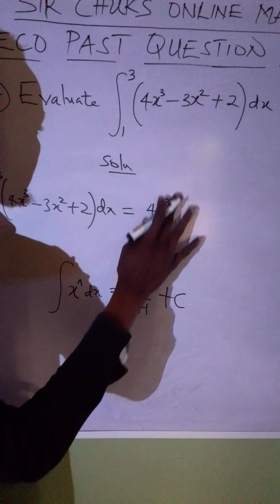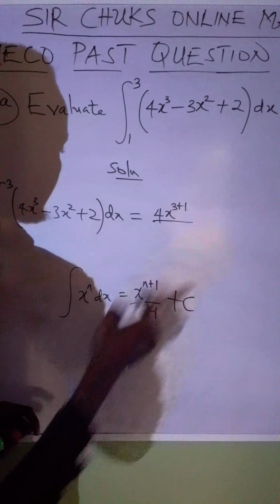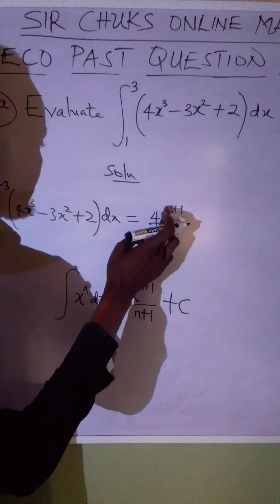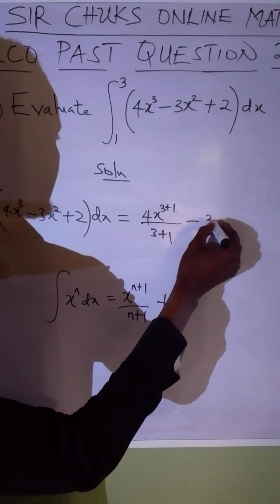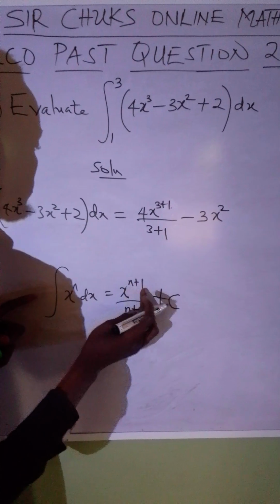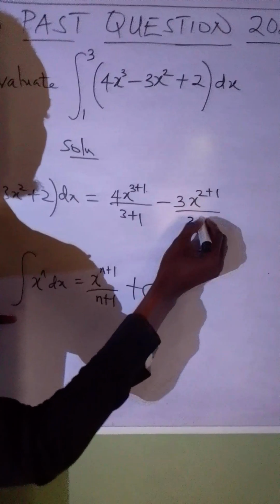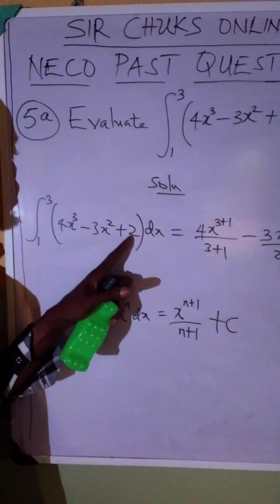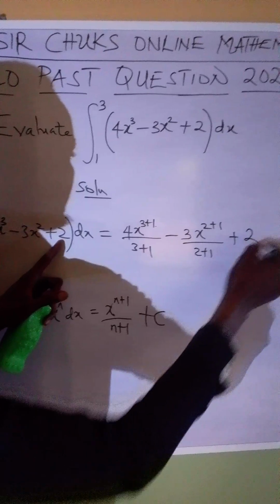Having 4x raised to power 3, I have to increase it by 1, over n plus 1, that is 3 plus 1, where my n is what? 3, being the power of x. So minus 3x raised to power 2 plus 1 over 2 plus 1, then plus the third term of this function, which is 2.